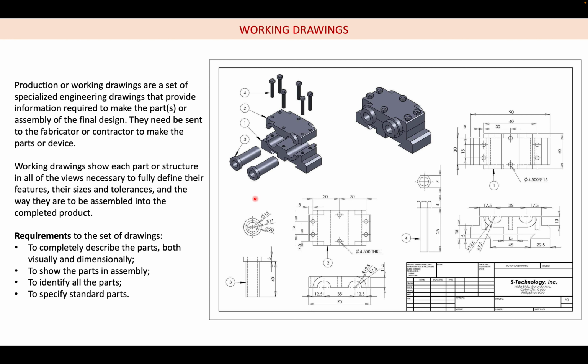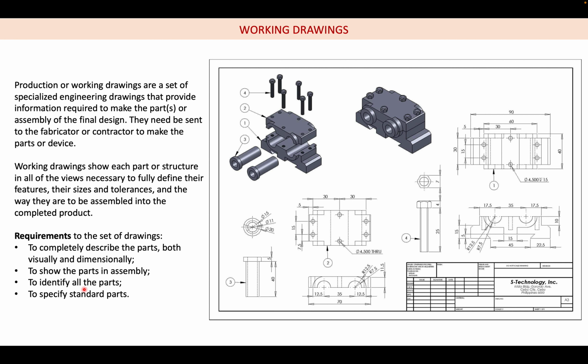Number 3, the pin, is described through its front view and top view. Numbers 2 and 1 are orthographic projections of the parts. We can see that we have 4 parts, a complete description of all 4 is given, and these parts are shown in assembly. Here you can see how the parts are going to be assembled.